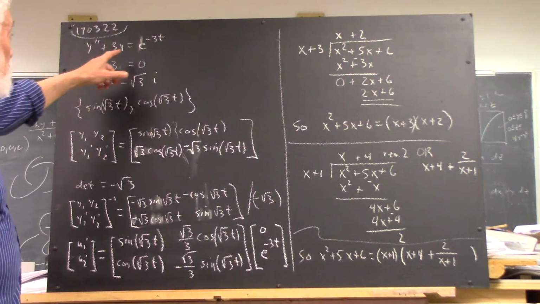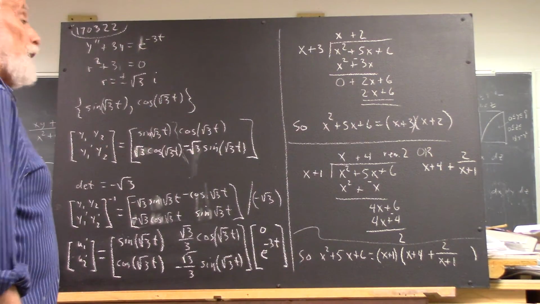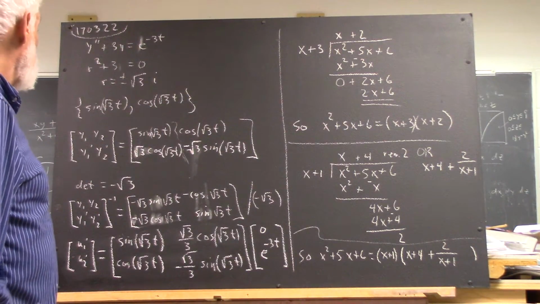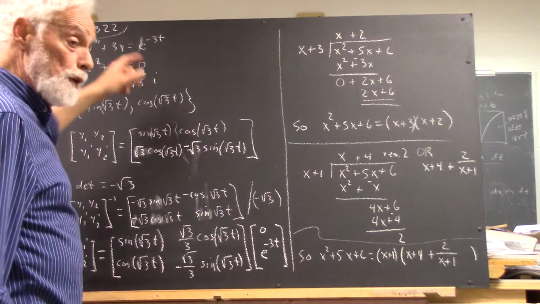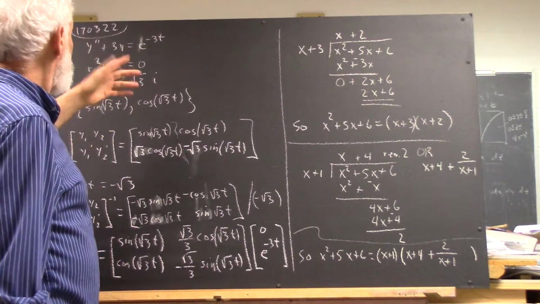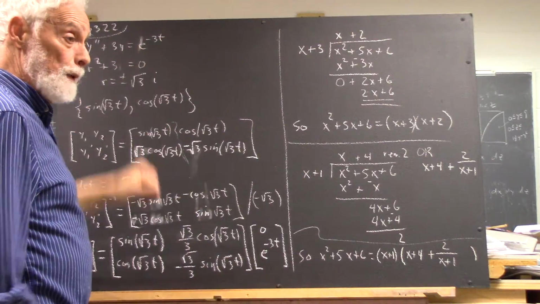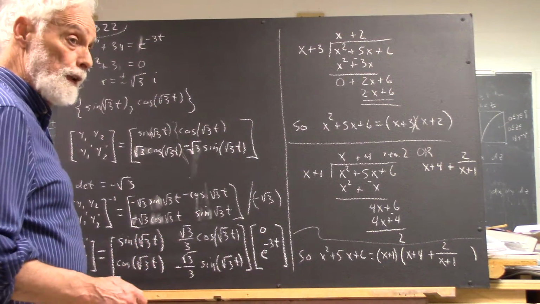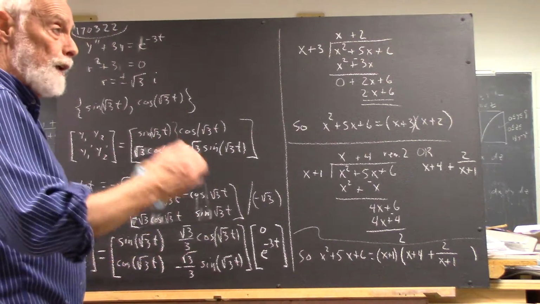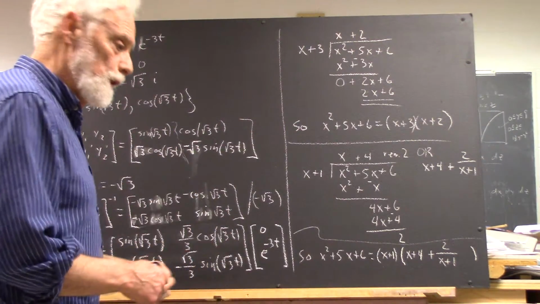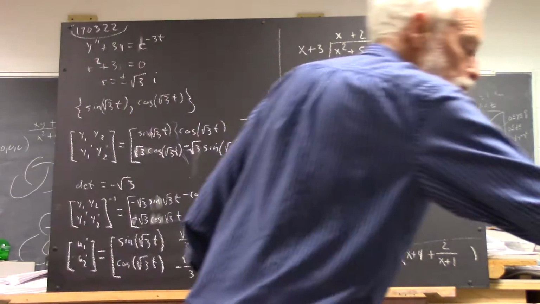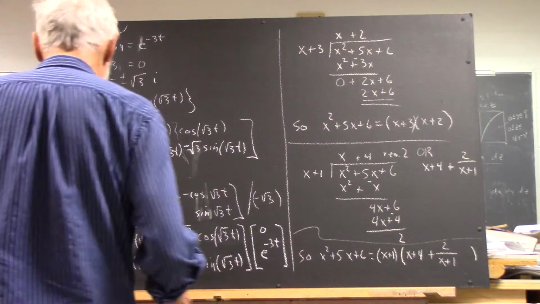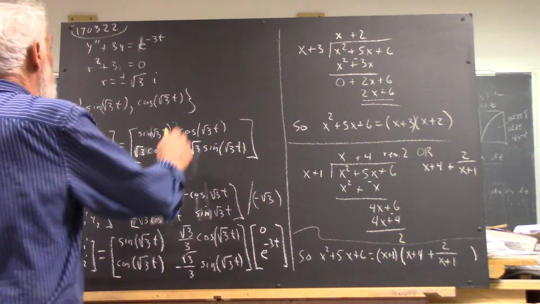And of course, we can figure out what our solution would have to be, because y double prime plus 3y, well, the only way you're going to get a multiple of e to the negative 3t is for y to be a multiple of e to the negative 3t. There's nothing else whose derivatives will give you multiples of e to the negative 3t. So let's just do that real quickly and see how this should come out.